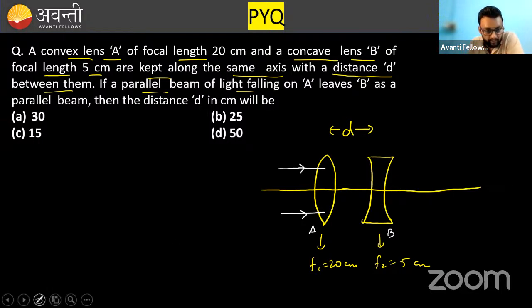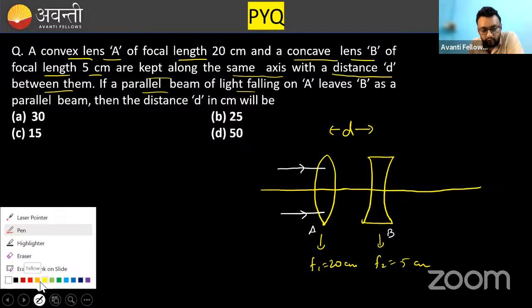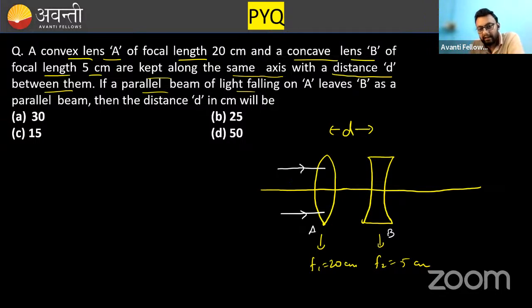Now listen to me. By the definition of focus, the rays which are passing parallel to the principal axis will meet at the focus. That is sure.